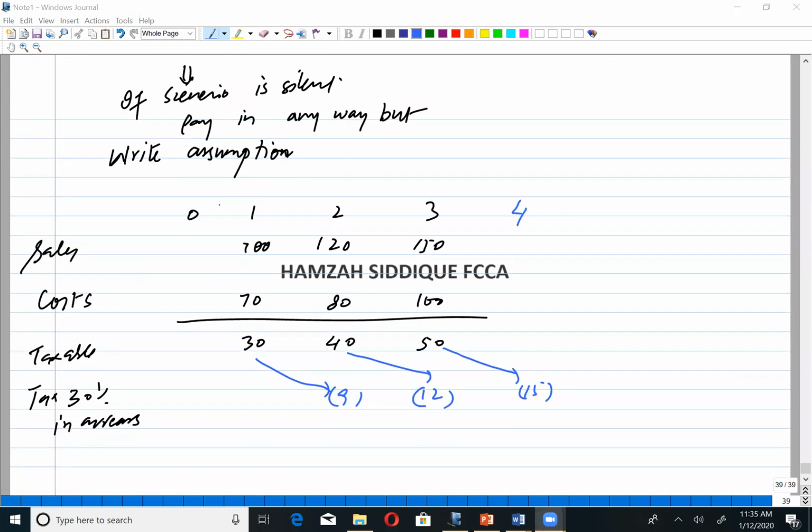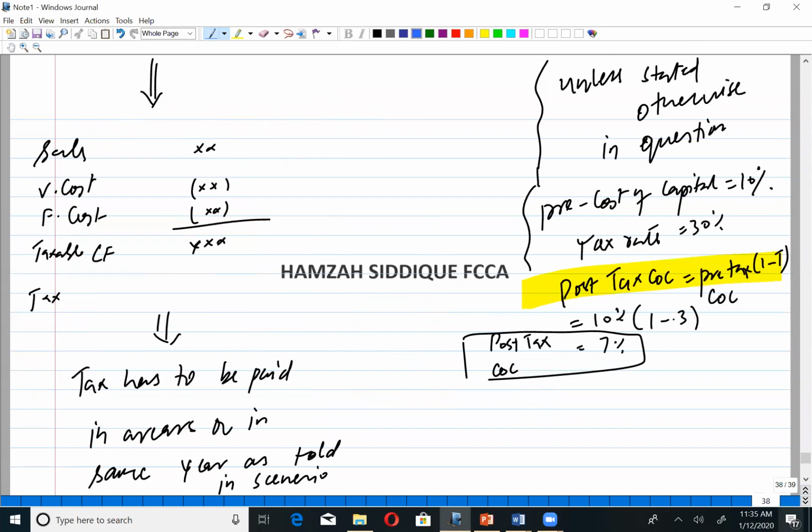Now, next. Previous page, okay, here it is. This one.